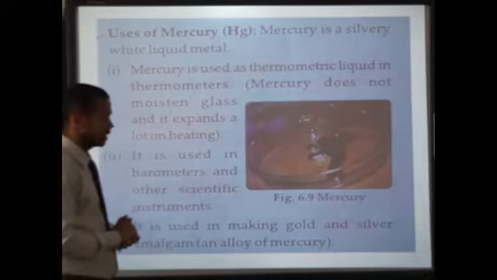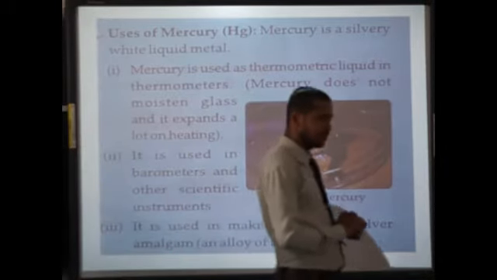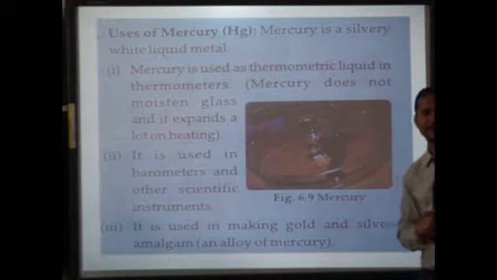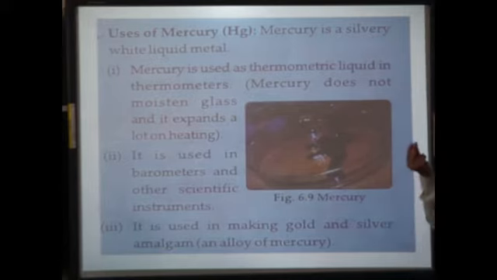Now, uses of mercury. Mercury is something you are very much familiar with. Mercury is a silvery white liquid metal that you have seen in a thermometer, the silvery white thing that expands and moves up and down.